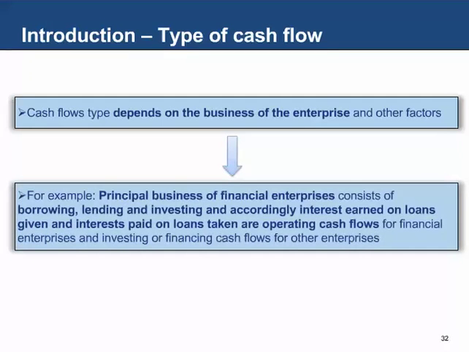For example, the principal business of financial enterprises consists of borrowing, lending and investing, and accordingly interest earned on loans given and interest paid on loans taken are operating cash flows for financial enterprises, and investing or financing cash flows for other enterprises. So basically, whether a cash flow is to be classified as operating, financing or investing really depends on the type of business of the enterprise.